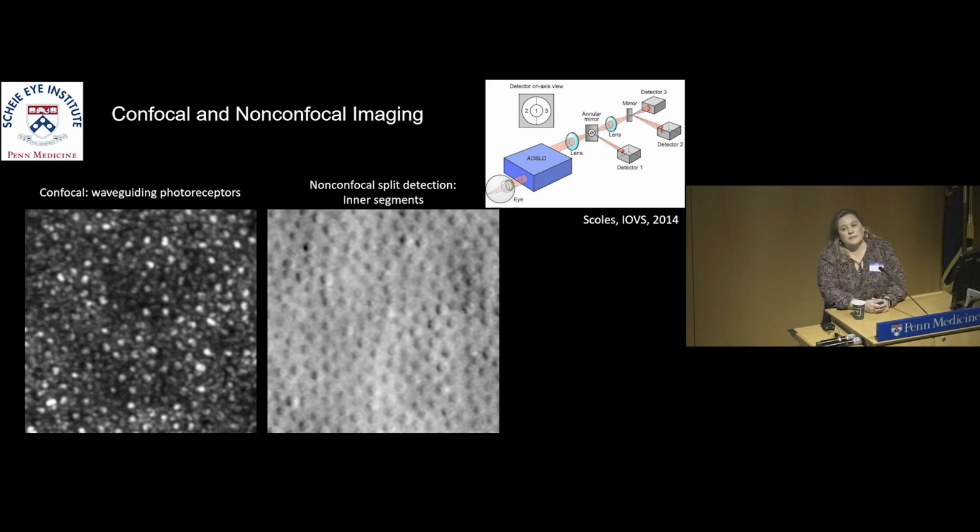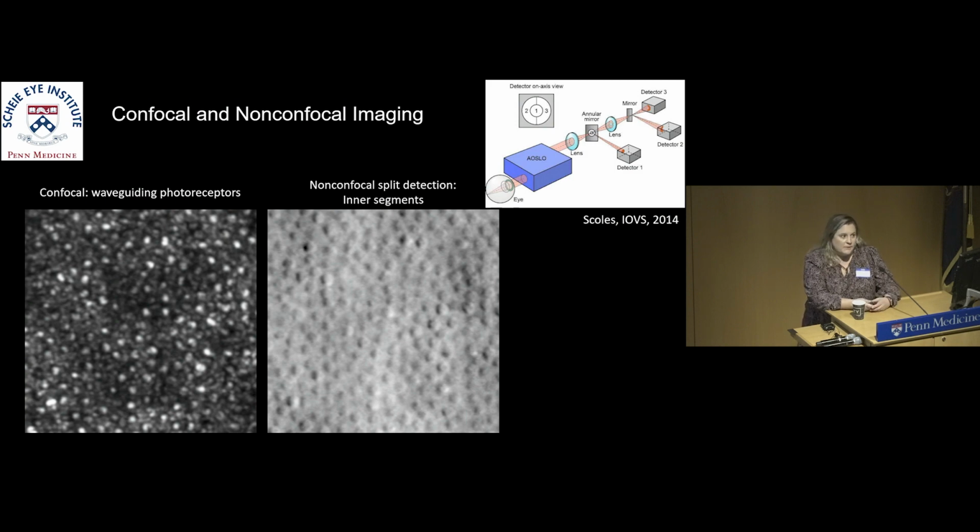Adaptive optics is just a tool that we can use to increase the resolution of our imaging device. You can think of adaptive optics as a tool that allows us to do in vivo microscopy with really high resolution.